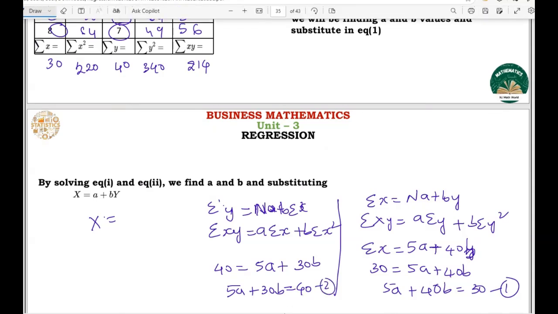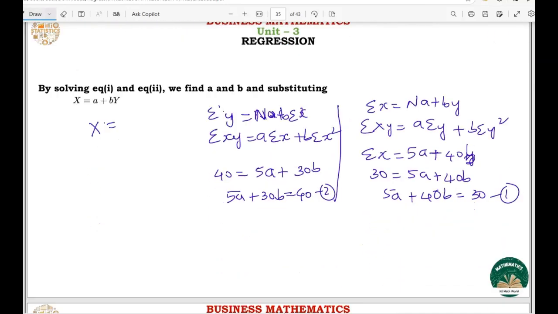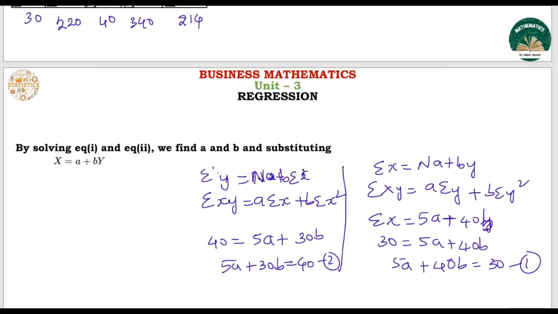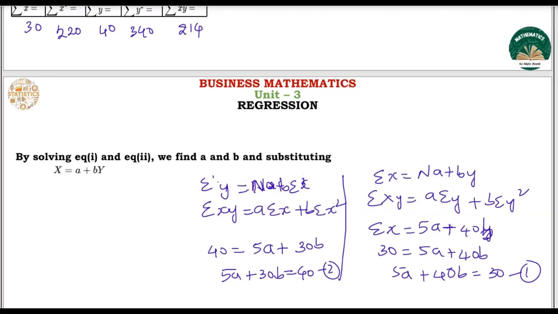So now simplifying equations 1 and 2, for this second equation, sigma xy is 214 equals a times sigma x, which is 30, plus b times sigma x square, which is 220.